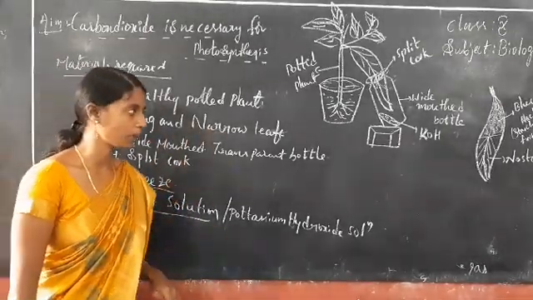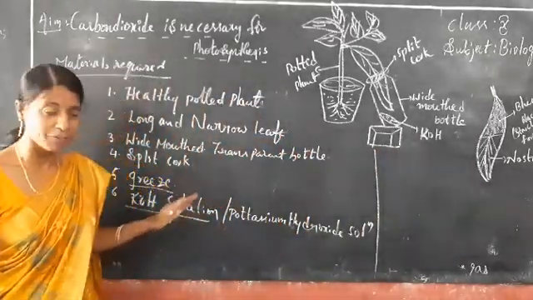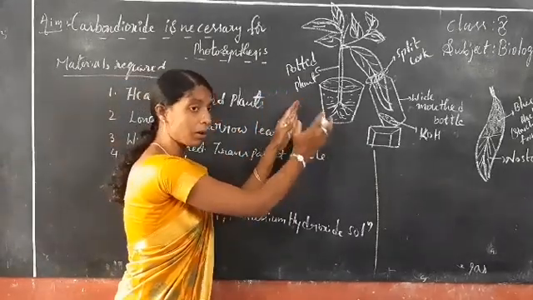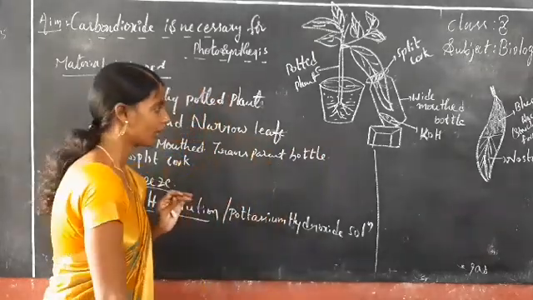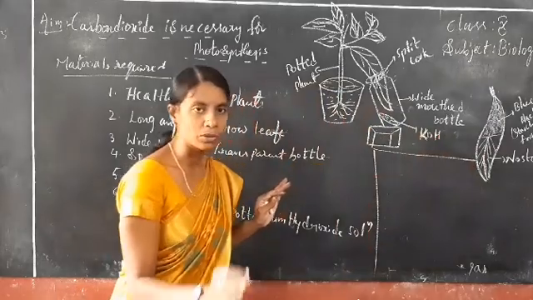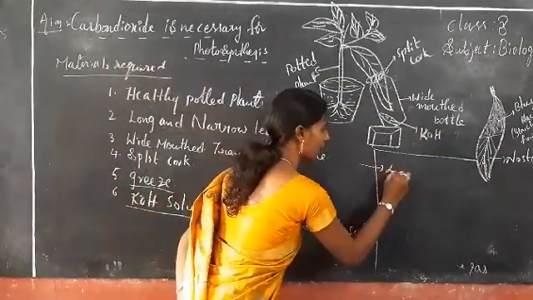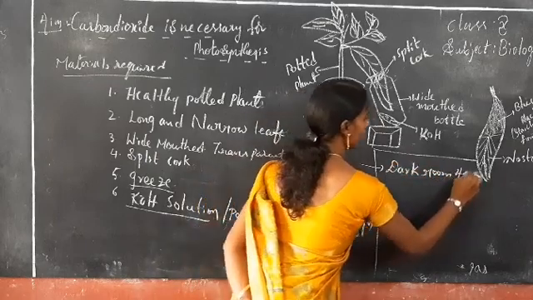Let us go to the topic of procedure. In the procedure, first of all, the healthy potted plant you selected, you have to keep in a dark room for 4 or 5 days. This is the main work you have to do before doing this experiment. So how many days do you have to keep it in the dark room? 4 or 5 days.